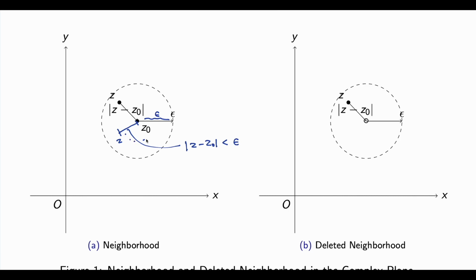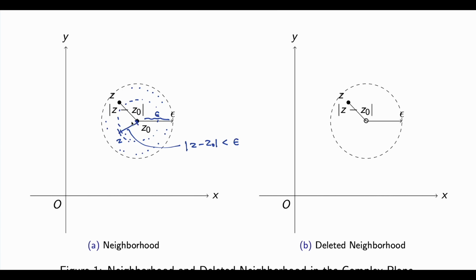So any point around z naught will form a disk, and this disk has radius epsilon. So any point inside it will be in the neighborhood of z naught, right?